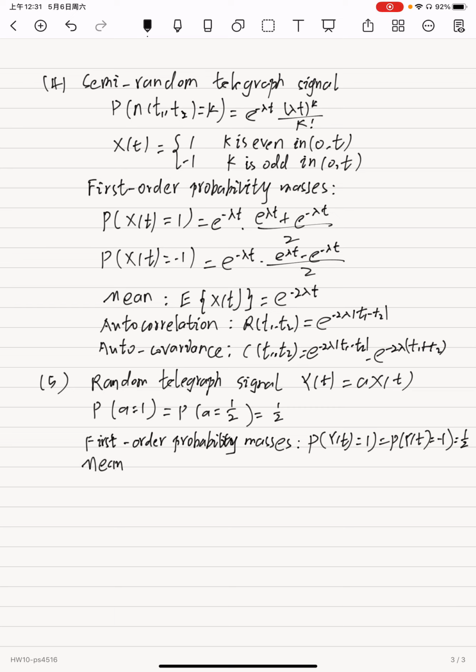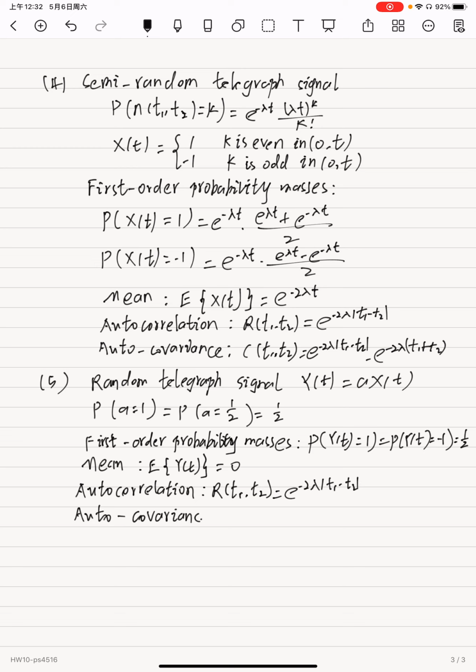And the mean of Y(t) equals 0, and the autocorrelation R(t1, t2) equals e to the negative 2 lambda |t1 minus t2|, and the autocovariance C(t1, t2) equals e to the negative 2 lambda |t1 minus t2|.